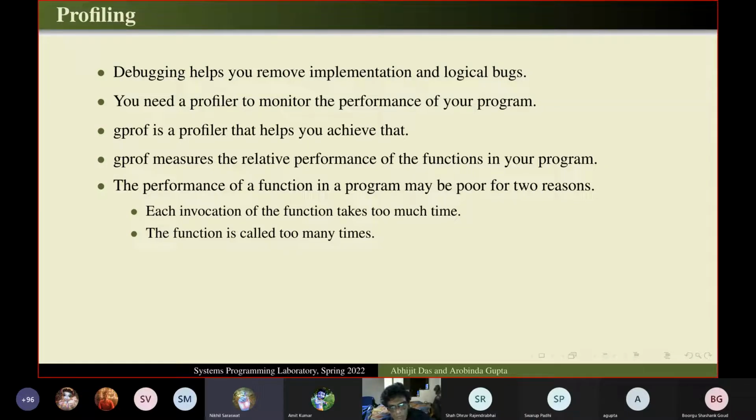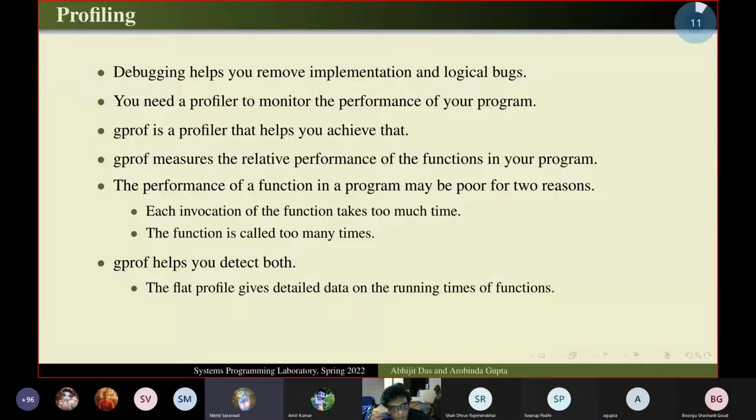We need an automated tool that helps us understand how our different functions perform, in absolute terms and also with respect to relative performance. And gprof helps you detect both. The first issue is that invocation of the function takes too much time.